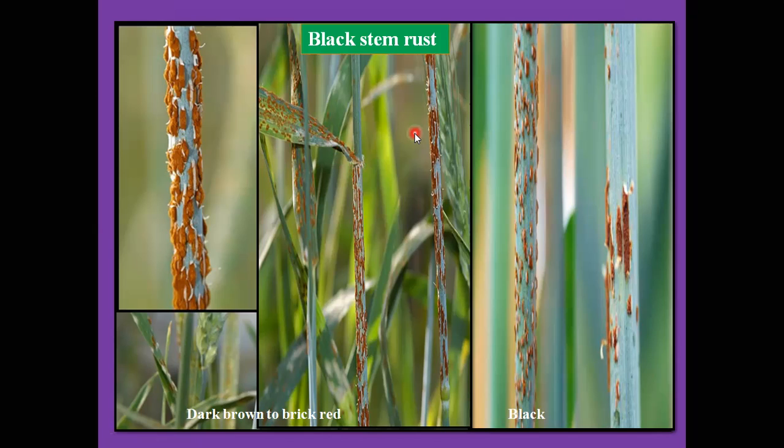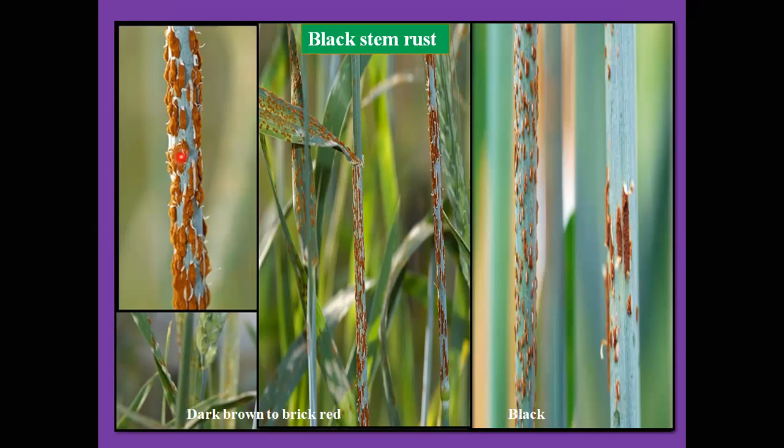In black stem rust, initially reddish brown pustules are seen on the surface of the stems, as well as on the leaf surface and other parts of the wheat crop. Pustules means raised portions, which come out after the breakdown of the epidermis, so elongated reddish brown uredopustules are seen.